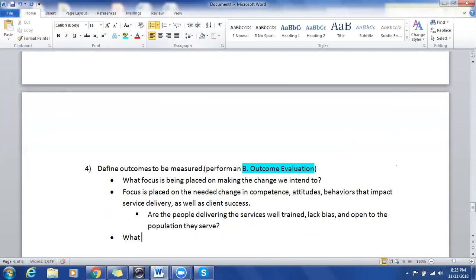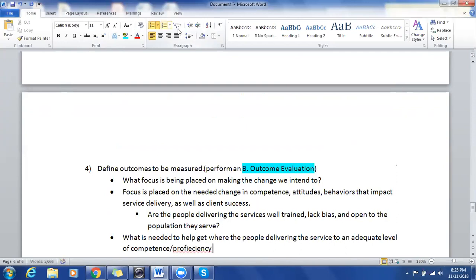So this helps us to identify what is needed to help get the people delivering the service to an adequate level of competence / proficiency to reach the overall goal.